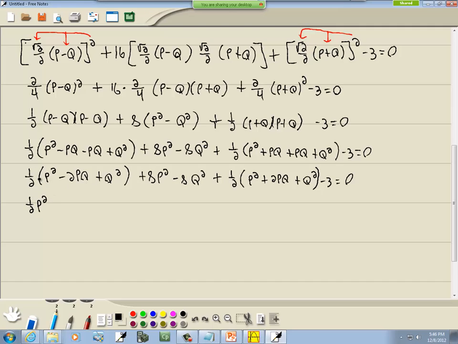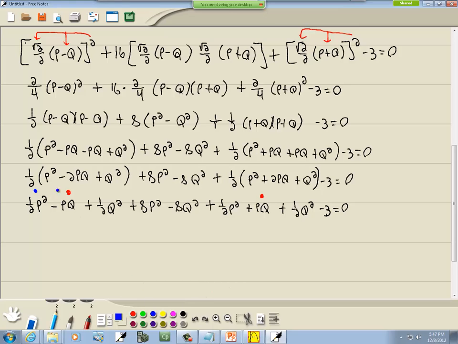So I got 1/2 p squared, 1/2 times the negative 2pq, the 2's cancel, so I got minus pq. 1/2 times q squared is 1/2 q squared, plus 8p squared minus 8q squared. 1/2 times p squared is 1/2 p squared. 1/2 times 2pq, the 2's cancel, and we got a plus pq. 1/2 times q squared is 1/2 q squared. Minus 3 equals 0. Here's a negative pq and a positive pq. Those are going to cancel away.